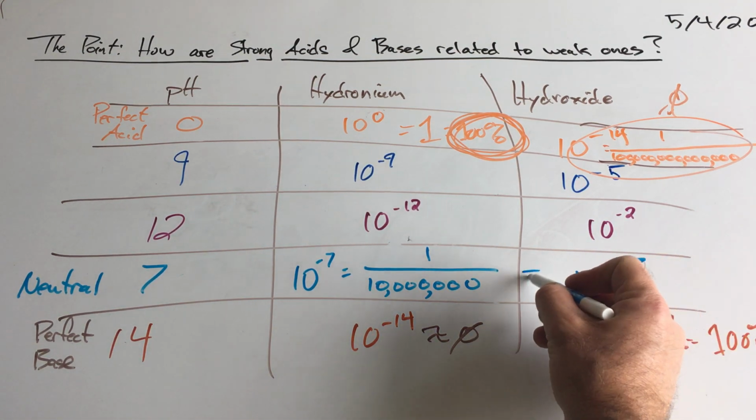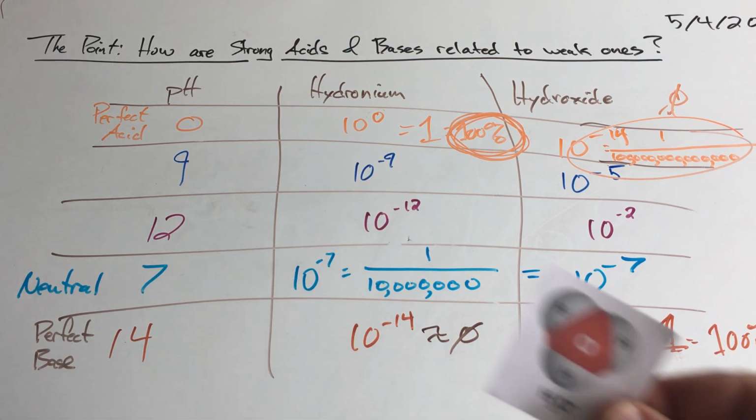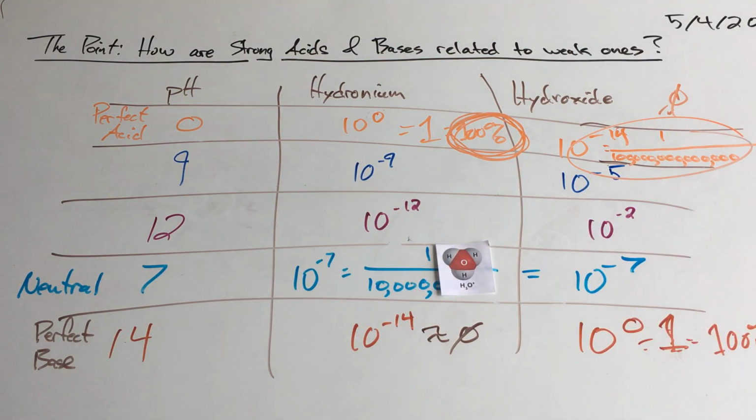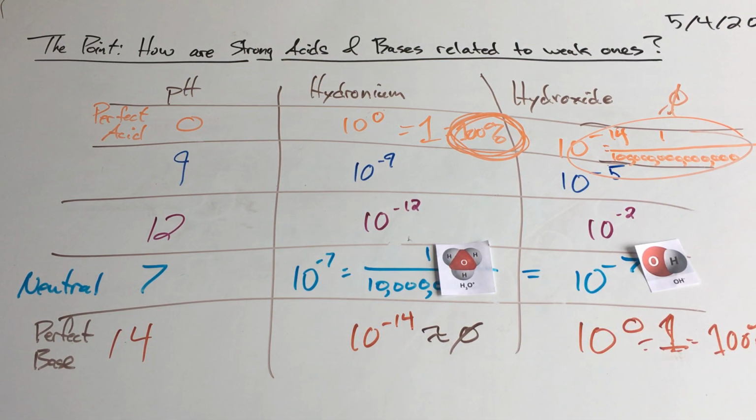So if you had 20 million water molecules, one's going to become hydronium, one's going to become hydroxide, and 19,999,998 are just going to stay water.